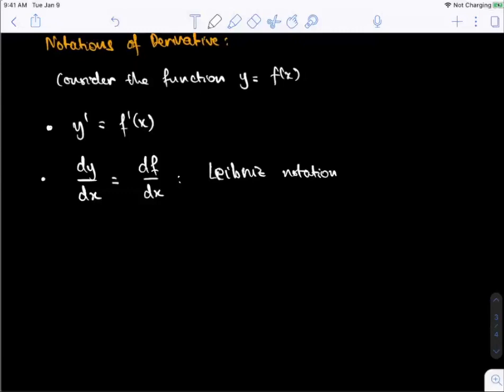dy dx means that I'm going to apply the derivative on y, or on f.